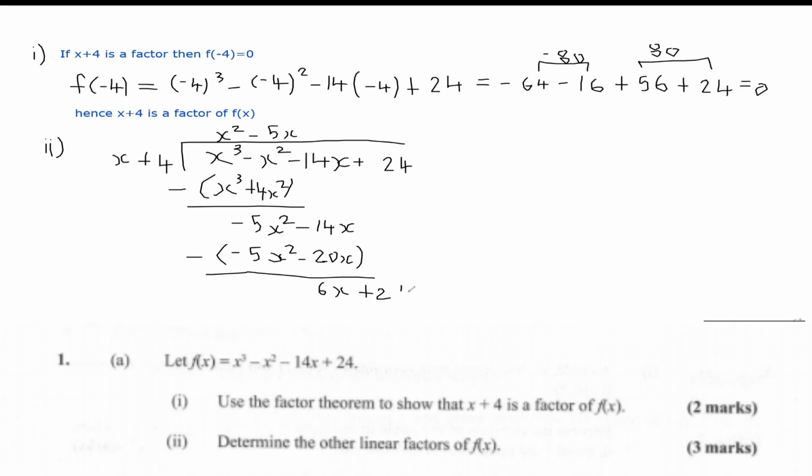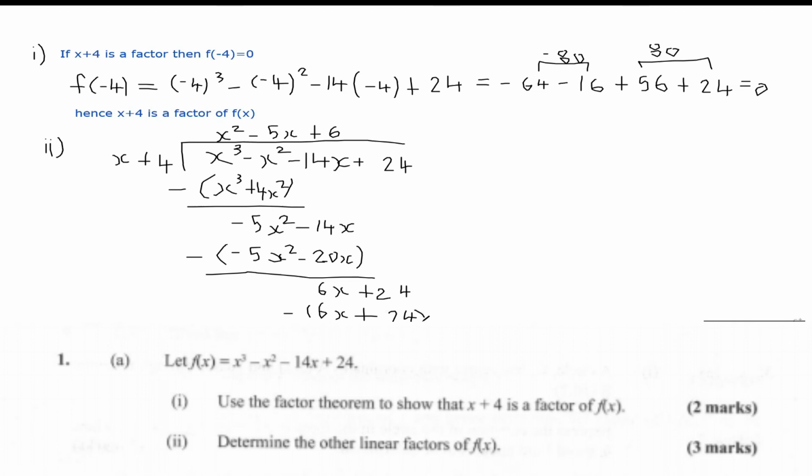Then we're going to say x into 6x. X into 6x is positive 6. And then x times 6 is 6x. And then 6 times 4 is 24. So we're nice. When we do the subtraction, that's going to leave 0.